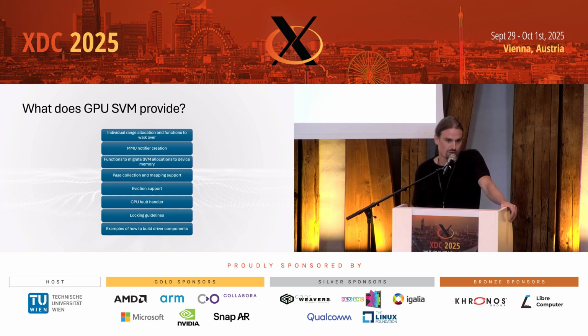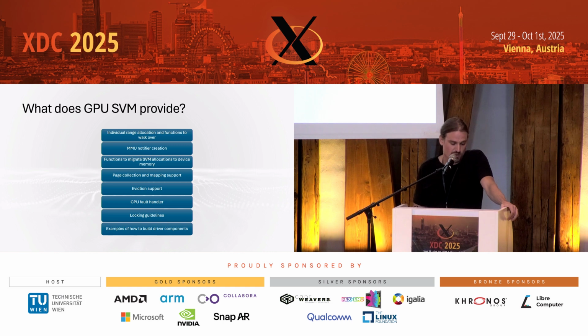That should be pretty straightforward. For example, if you migrate something to device memory and you have a non-coherent bus, when you get a CPU fault, you're going to have to migrate that back. The GPU SVM implements this function for you.